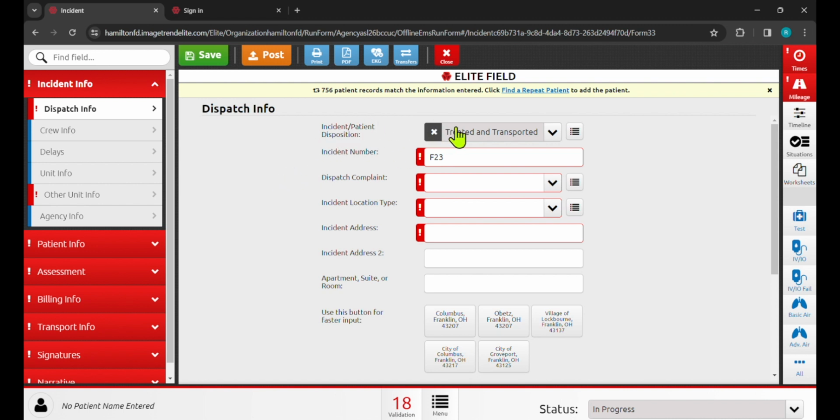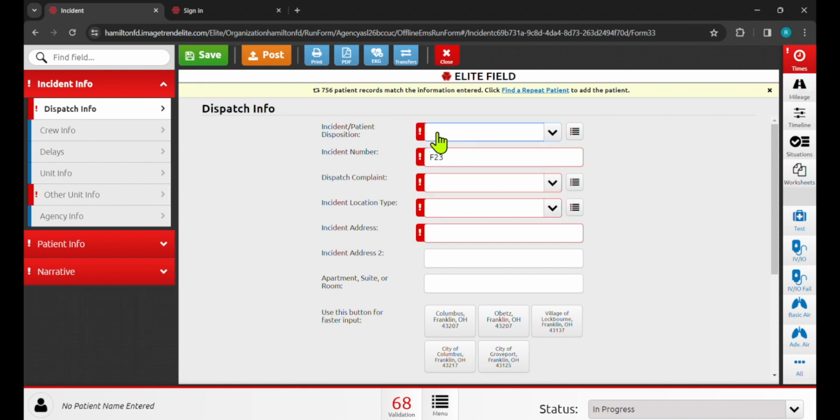So where do we start? A lot of times we won't even start with this because we don't know, and a lot of people have a habit of jump starting this report on the way to a run. So your incident number, it is pre-populated with F23. That is the default first 3 characters of Columbus Fire's CAD system's run number.